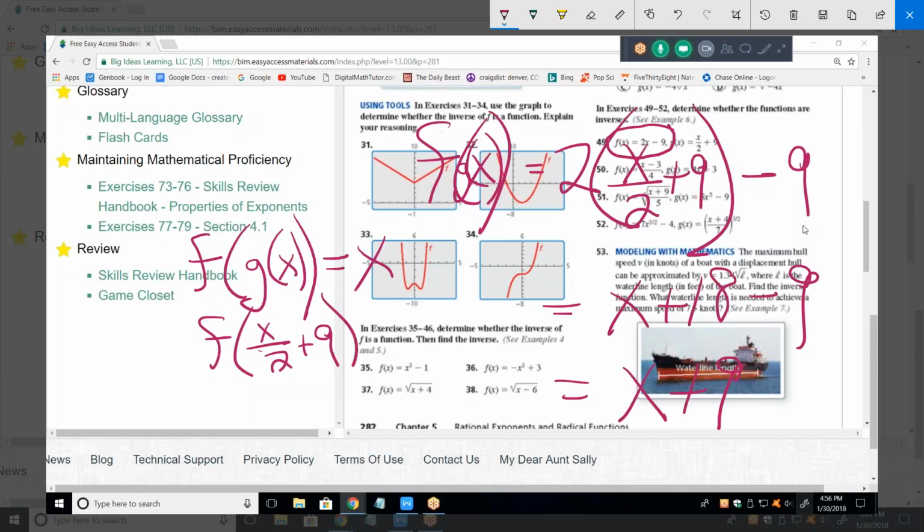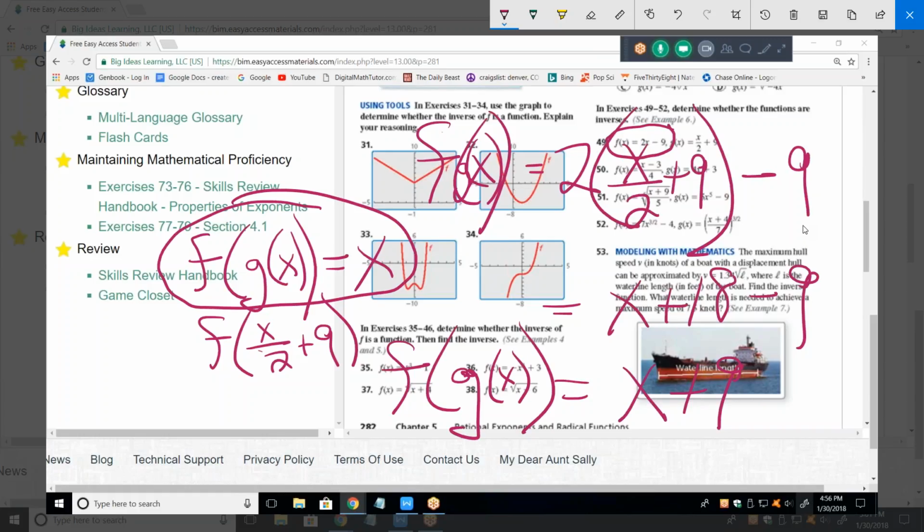That's not x. In other words, f of g of x has to be equal to x. Otherwise, g of x is not the inverse. That's how you prove it: you take the composite function. And it's not just that f of g of x has to be equal to x.